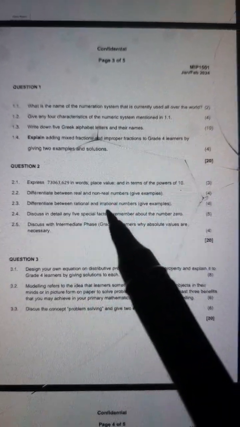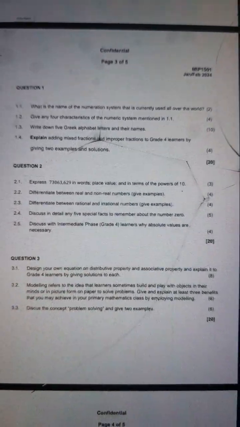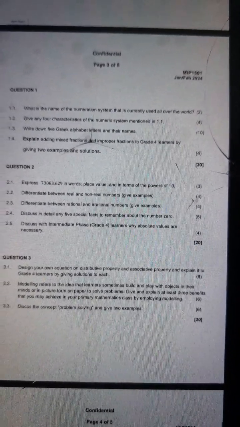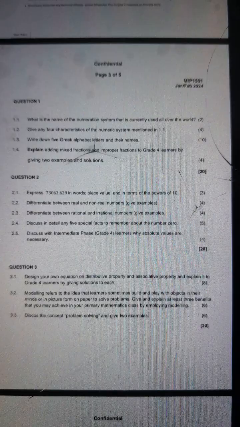Well, at 2.3, they said differentiate between rational and irrational. Give examples. Well, guys, rational numbers are numbers that can be expressed as a fraction or ratio. I hope that you will note that.